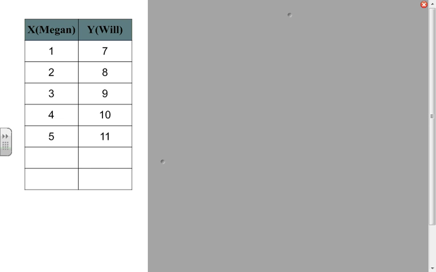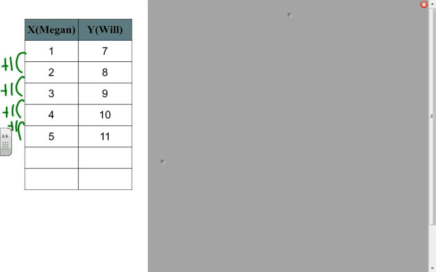I can also use my table to predict what's going on. This is the table we had so far, and I added some extra boxes at the end. Let's look for a pattern. Megan's numbers are going up by 1 each time. Okay? That pattern is going to keep going.